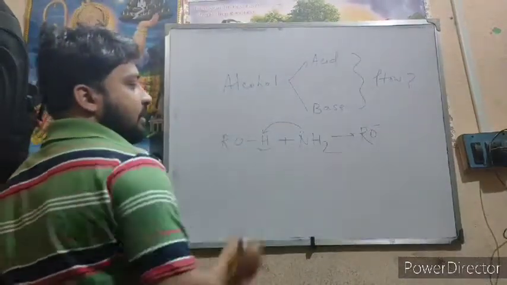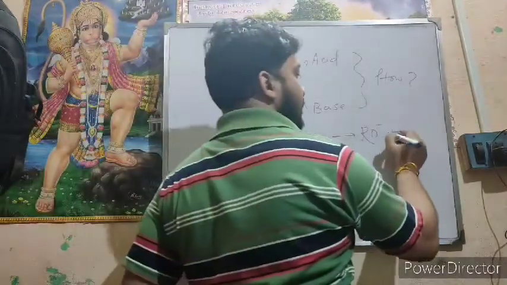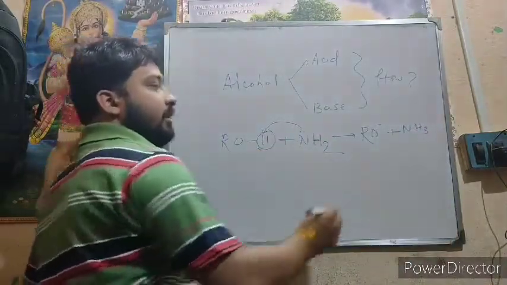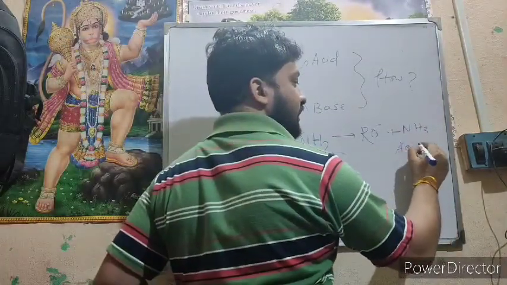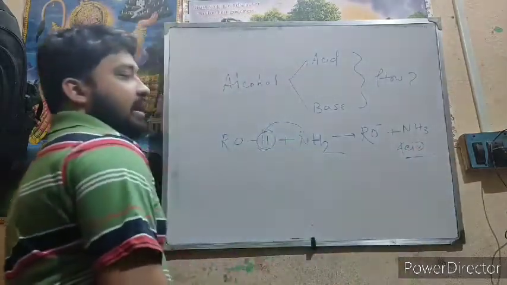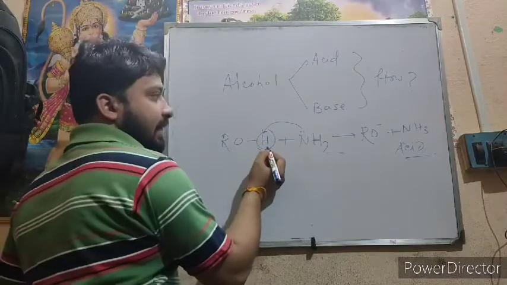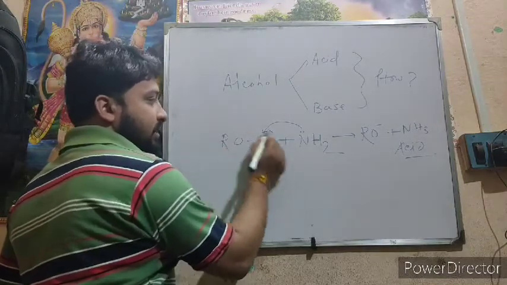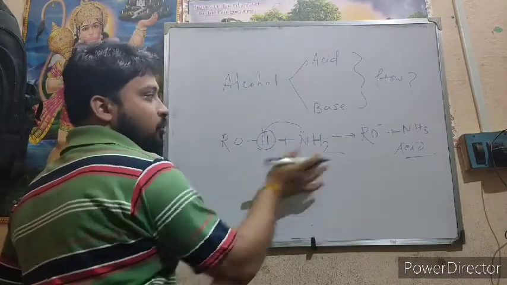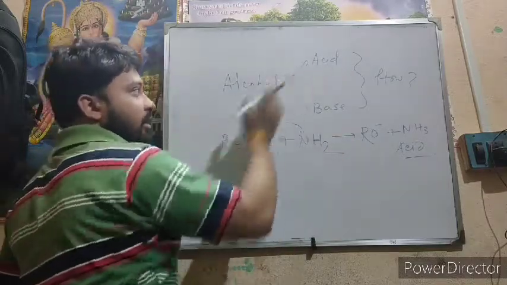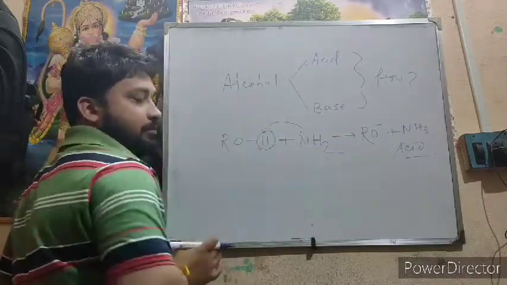So it releases hydrogen to form ammonia. As the hydrogen is released, it is called an acidic reaction, so it behaves like an acid. The lone pair attacks this hydrogen and the alcohol group releases its hydrogen, so it forms RO minus. This proves that alcohol behaves like an acid.